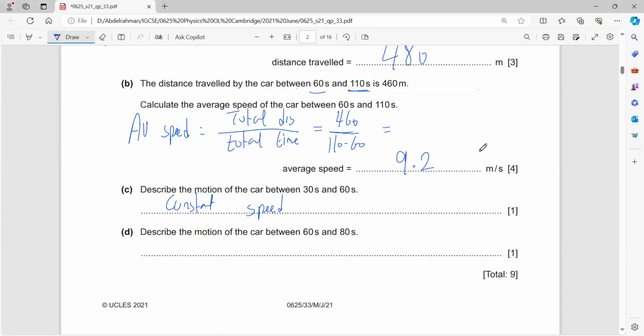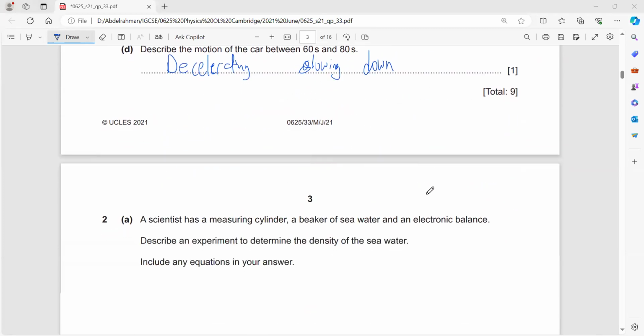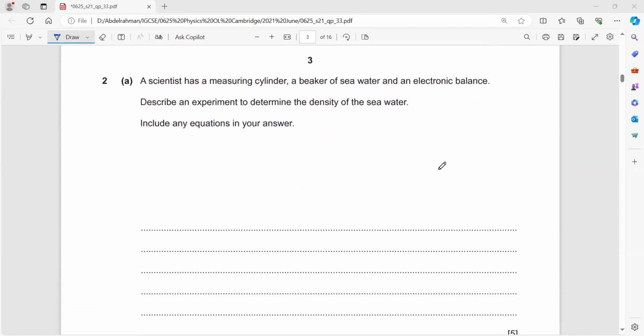You can write decelerating, or that the car is slowing down, or speed is decreasing, whatever. Decreasing speed is correct too. Moving on to the next question.